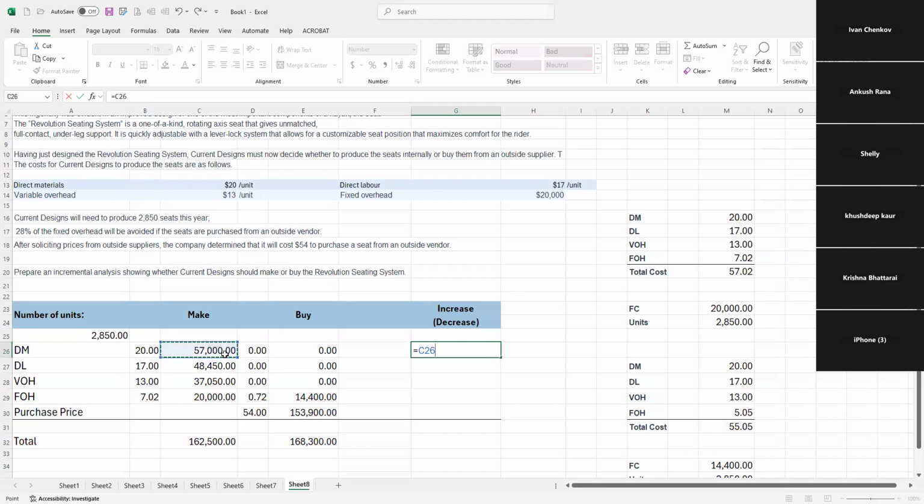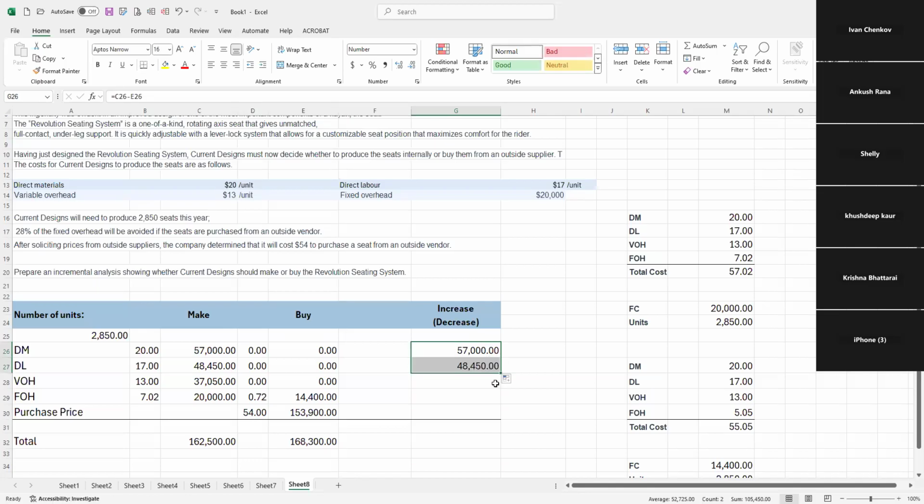I can save this one, right? I'm saving 57. Then I'm going to save 48. Then I'm going to save 37. Then I'm going to save only 5,600, correct? Correct. But I have to buy it.